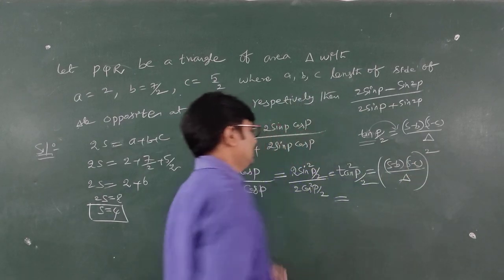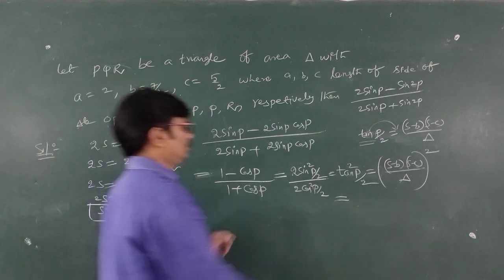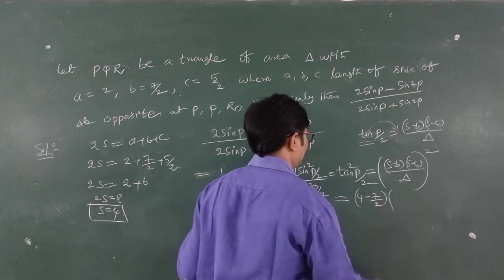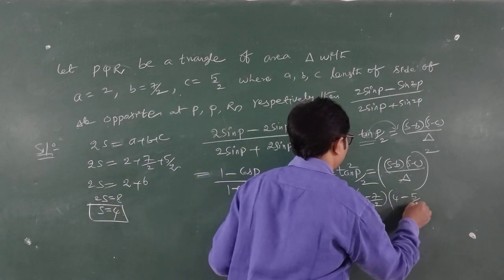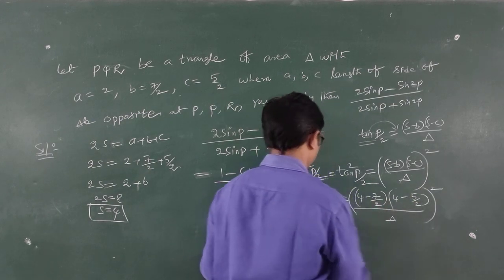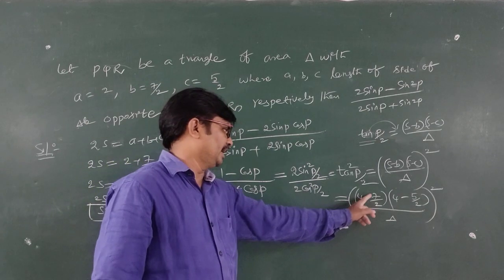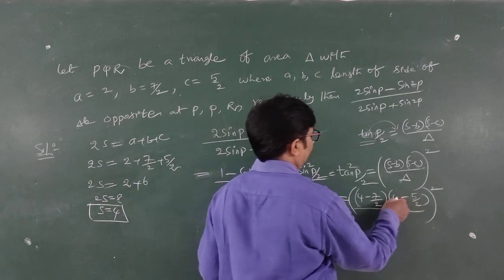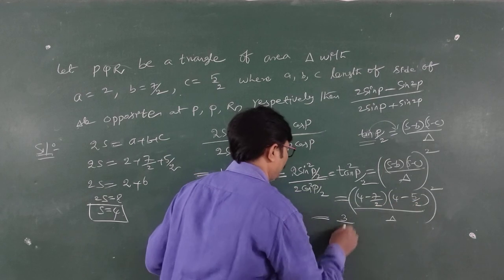This is s minus b, s minus c, where s is 4. So 4 minus 7 by 2, and 4 minus 5 by 2, upon delta whole square. 4 twos are 8, 8 minus 7 is 1. 4 twos are 8, 8 minus 5 is 3, and 3 by 2 twos are 4.